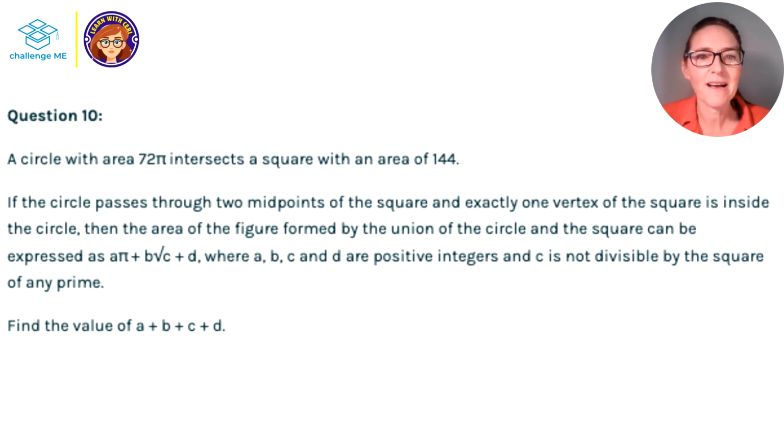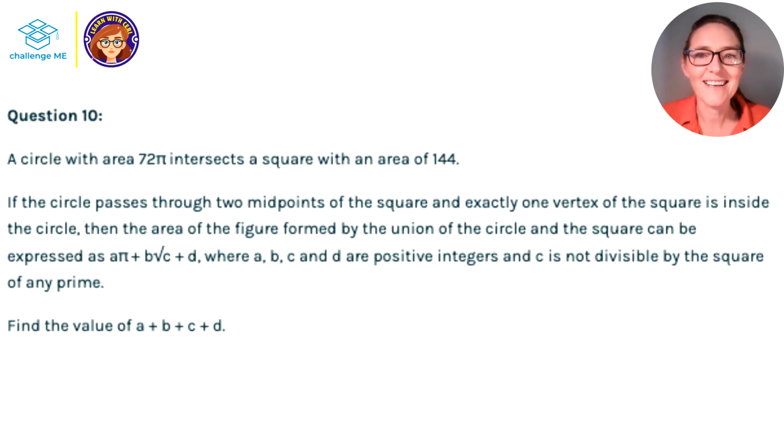If the circle passes through 2 midpoints of the square and exactly 1 vertex of the square is inside the circle, then the area of the figure formed by the union of the circle and the square can be expressed as a pi plus b root c plus d, where a, b, c and d are positive integers and c is not divisible by the square of any prime. So then we need to find a plus b plus c plus d.